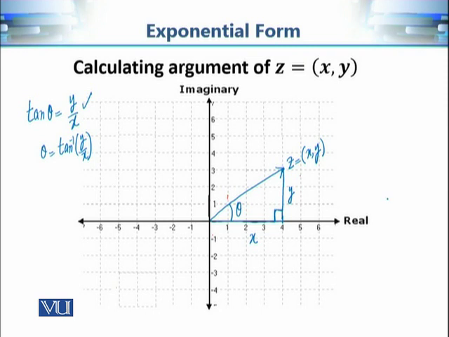So this should give me the value of theta, but unfortunately there is another problem in this way of calculating theta. Now we can also see that tan theta is equal to y over x, but tan theta is also equal to minus y over minus x. So in other words, if I calculate the angle for this value of complex number, if I calculate this theta, then we will be getting the same value of theta.